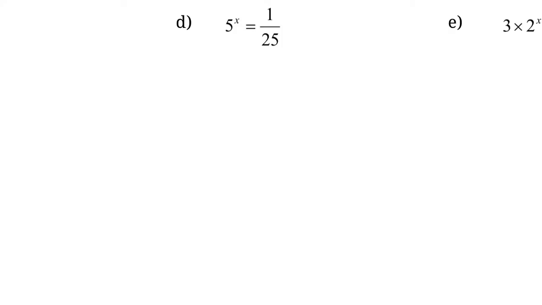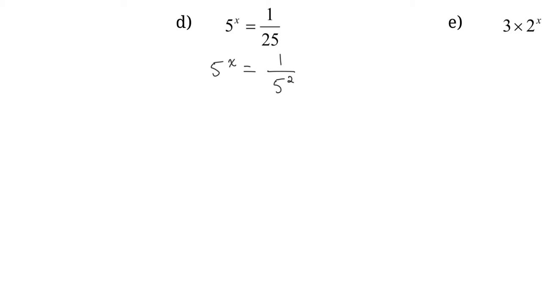In the next one, we have 5 to the power of x is equal to 1 over 25. So let's start off with changing this denominator into a base of 5. So that means 5 to the power of x is equal to 1 over 5 to the power of 2. Now we can't do the same thing we did in the other questions just yet. Because this 5 to the power of 2 is in the denominator, we need to take it out of the denominator.